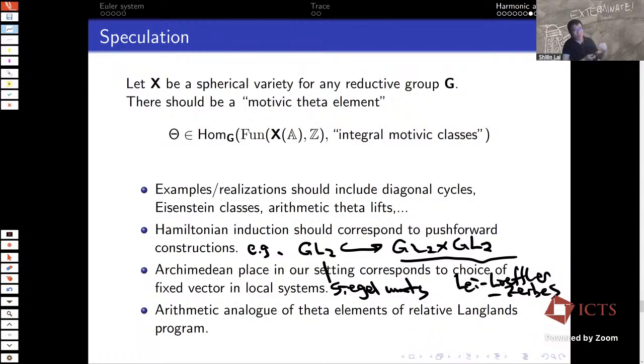There, they also had to do a bunch of annoying Hecke operator computations, and our method again applies to their case as well.